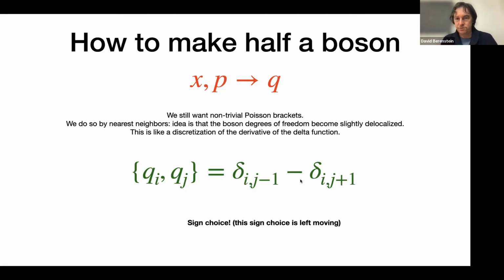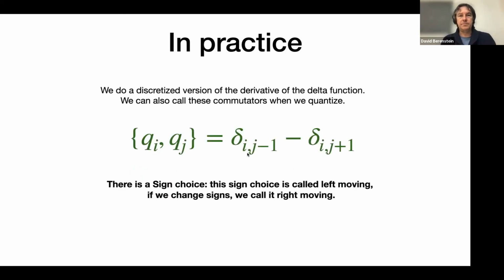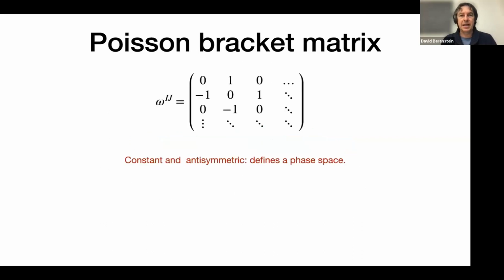And I'm just going to take the same Hamiltonian I had before. As I said, I make this sign choice. And then the Poisson bracket that I built is an antisymmetric matrix. It's constant and therefore defines a phase space.